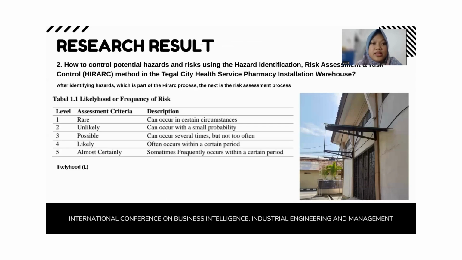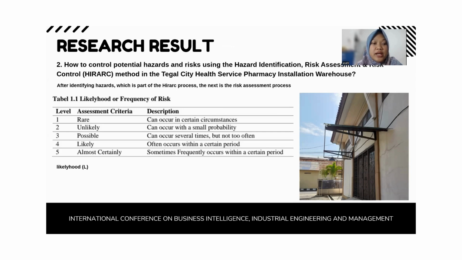Okay, this is the second focus in our research: how to control potential hazards and risks using the HIRARC method. After identifying hazards, which is part of the HIRARC process, the next is the risk assessment process. This is based on the theory. We have 5 levels of likelihood or frequency of risk.